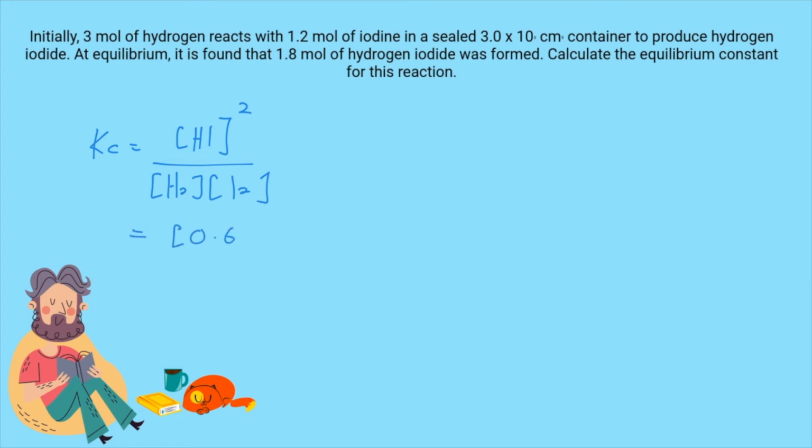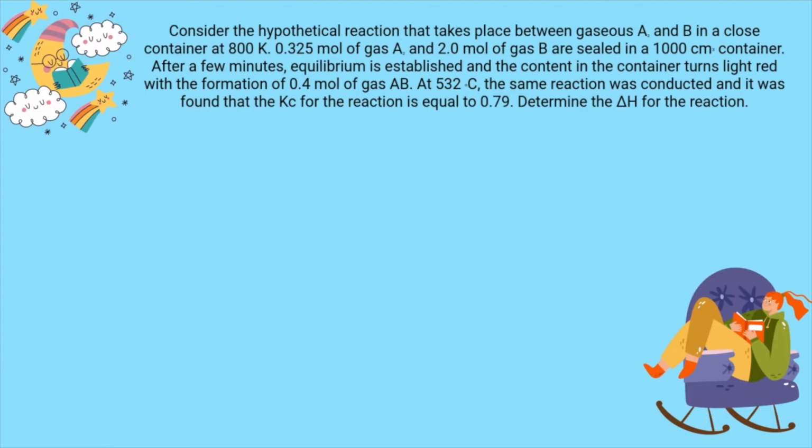This one is 0.6 to the power of 2, and the value of H2 that you have is actually 0.7, and your I2 is equivalent to 0.1. So you just have to press your calculator. You should get the final answer for the Kc is equivalent to 5.1428. So this is the final answer for question number 4. Let's move on to question number 5.